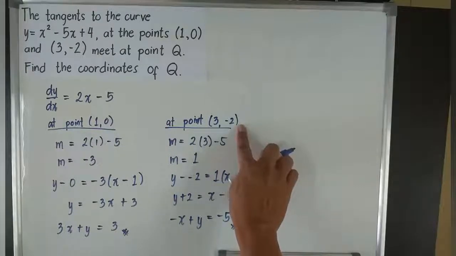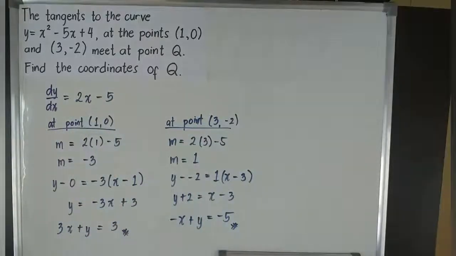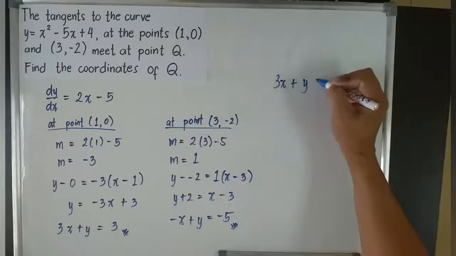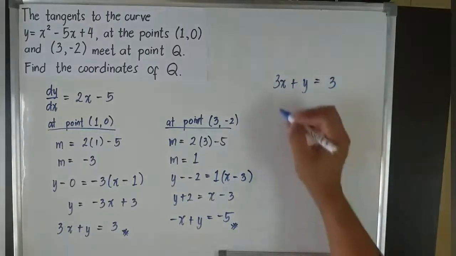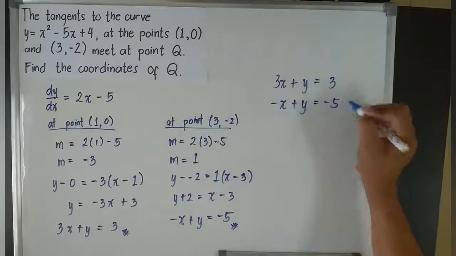So what are we going to do now so that we can find the coordinates? Solve the equations simultaneously. When you say simultaneously, I can do substitution, elimination, or graphing. There are three methods you can use, but I'll be using the elimination method. I have 3x plus y equals 3, and -x plus y equals -5.